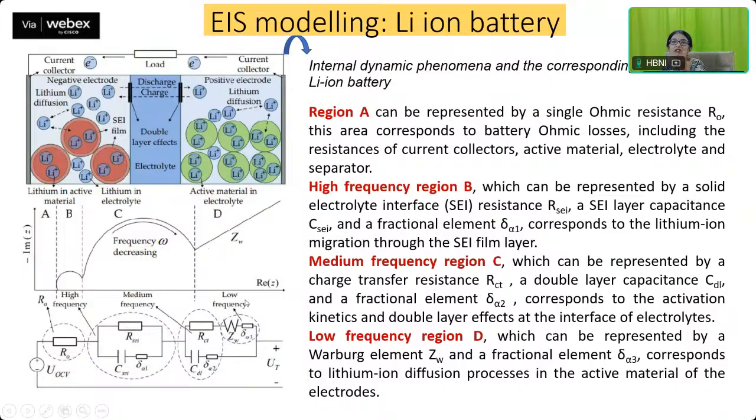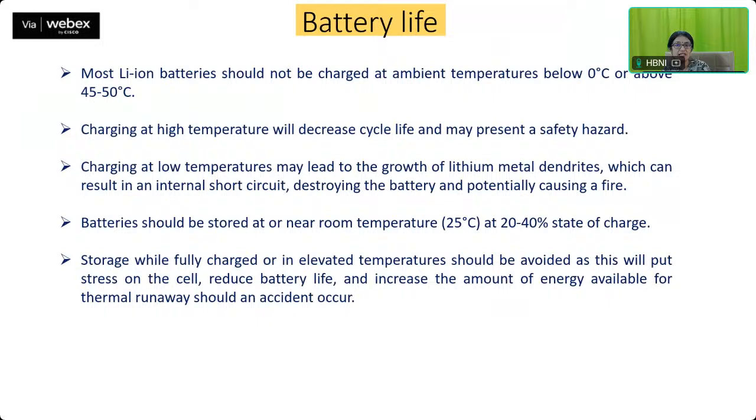EIS modeling of a lithium-ion battery becomes very easy when you are able to fit to the equivalent circuit and get the different values. Then you can see whether the impedance is increasing or decreasing when you change the electrolyte or electrode material, and at what stages. So in situ, you can find out the dynamic processes going on inside the cell.